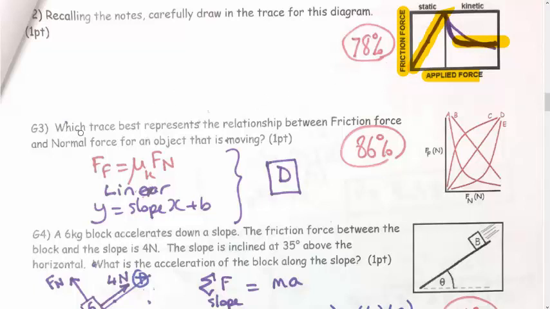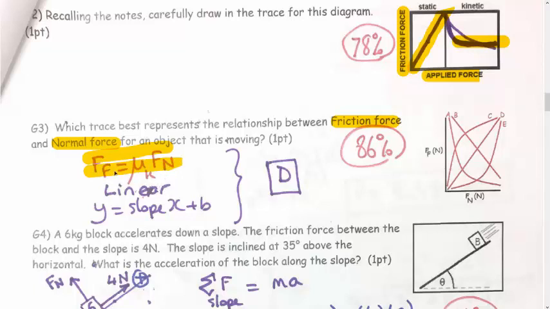Next question. Which trace best represents the relationship between the frictional force and the normal force for an object that is moving? So I've got a frictional force and a normal force, so hopefully I'm in a frictional world. Find an equation that links them: Ff is equal to mu k times Fn.